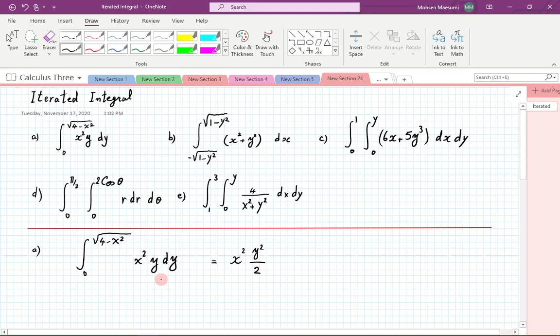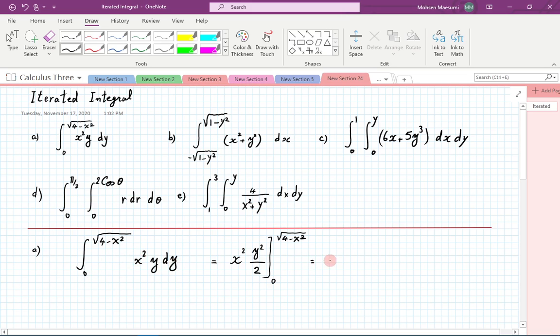The limits of the integral, meaning the starting and ending value of y, are these two quantities. So that is what we're indicating here, 0 and radical 4 minus x squared. One thing to remember: if you have a certain variable here, the limits do not have that variable in them, rather it's the other variable.